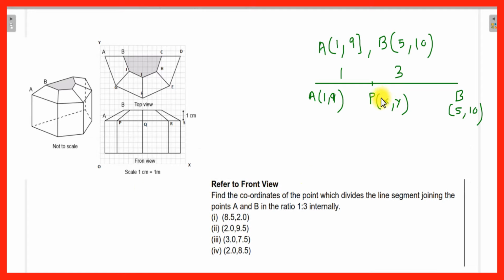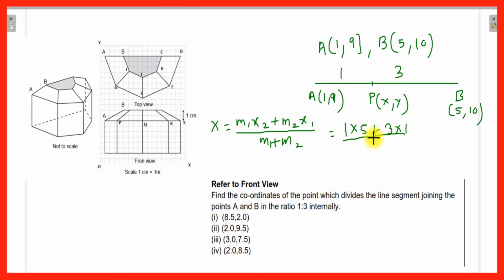Now here we will first find the x coordinate. X coordinate will be given as (m1 x2 plus m2 x1) upon (m1 plus m2). So that is equal to m1, that is 1, into x2, that is 5, so 1 into 5, plus m2, which is 3, into x1, which is 1, so 3 into 1, upon m1 plus m2, that is 1 plus 3.